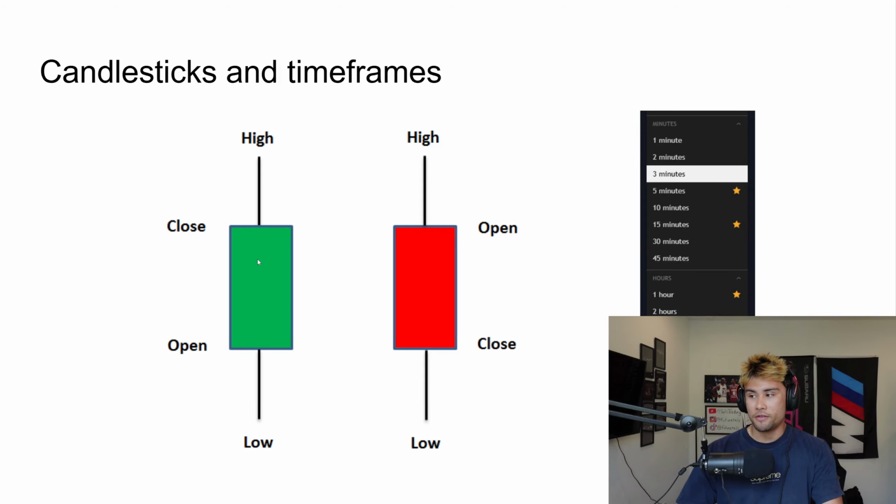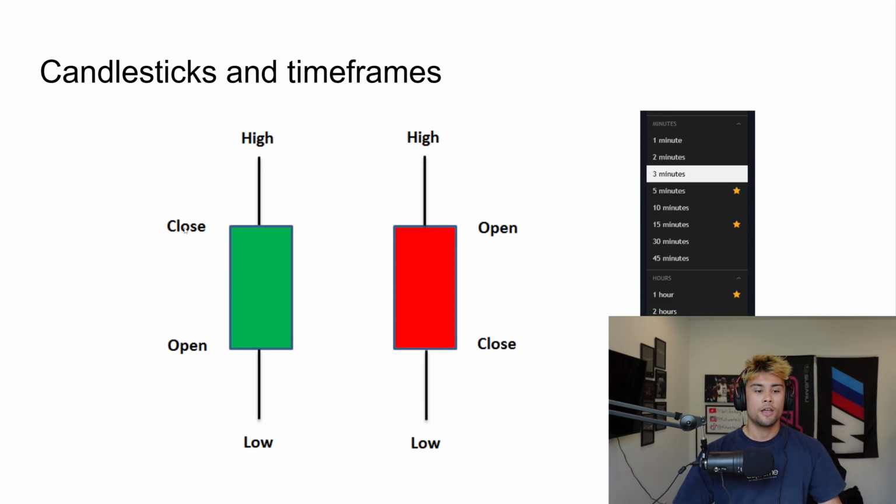So, starting with the green candle, or the bullish candle, there are two parts of a candle. There is the wick, which is this line on the top and the bottom. Those are called the wicks. And the body, which is the rectangle part in the middle. So, two different parts of a candle: the wicks, which are the lines, and the body.